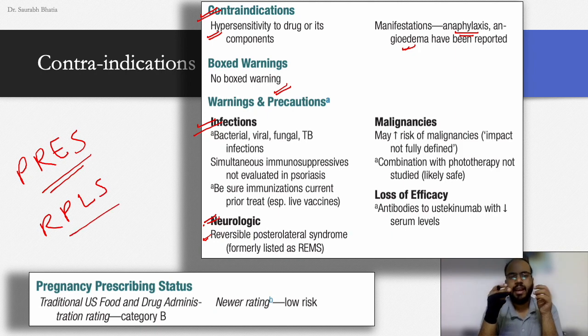Same thing. So it has been found that these biologicals or proteinaceous structures can have some sort of neurological side effect, which have been termed together as PRES.